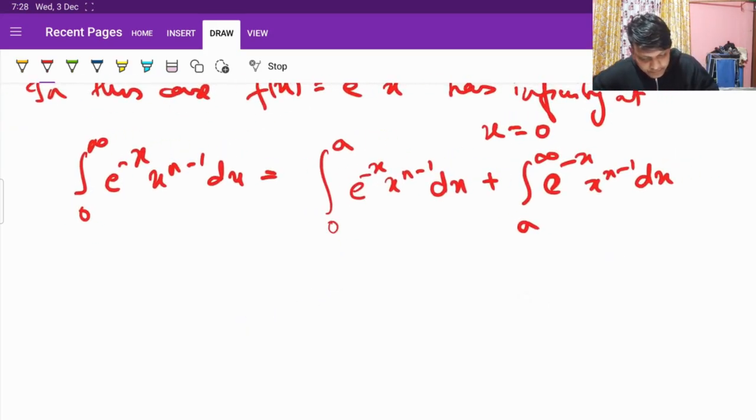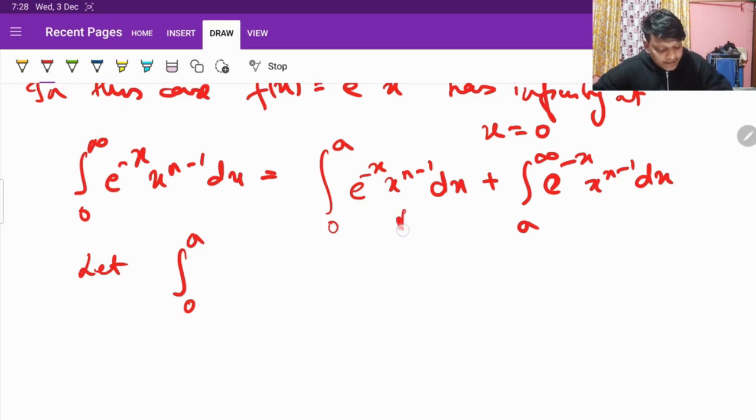Okay, so for the first part, let us take 0 to a, because we know 0 is contained in this interval, in this limit, so it is of the second kind. This is of the second kind, and the other is of the first kind, because we have removed the discontinuity from the second part.